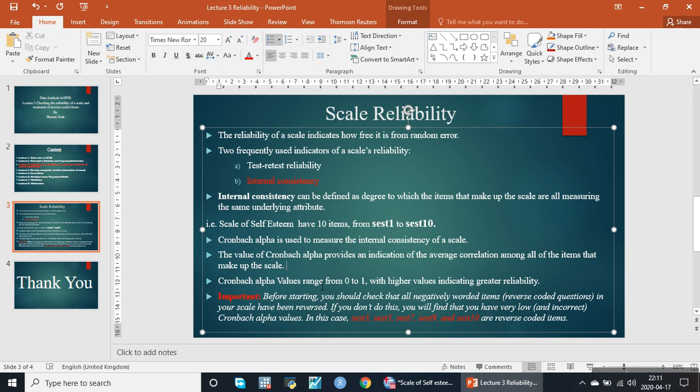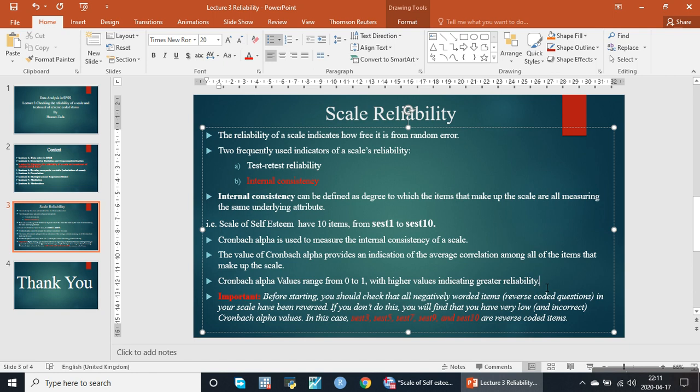The Cronbach's alpha value ranges from 0 to 1. 0 indicates that there is no correlation among the items of the scale. 1 means there is 100% correlation, perfect positive correlation between items of the scale, with a higher value indicating greater reliability.